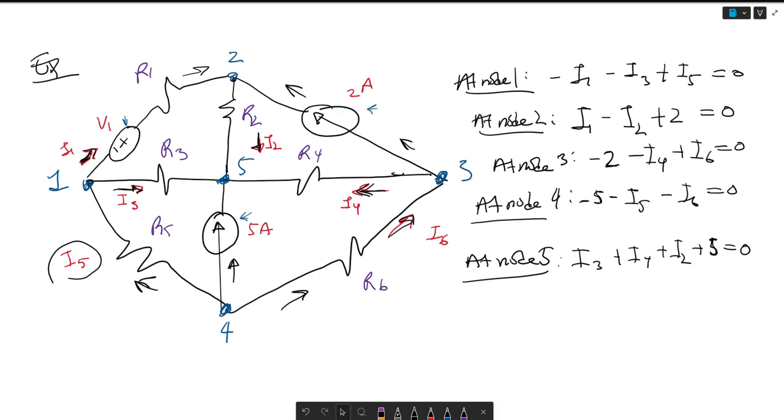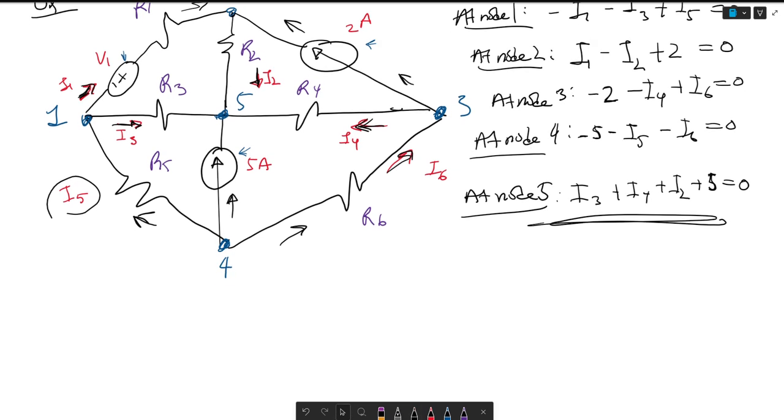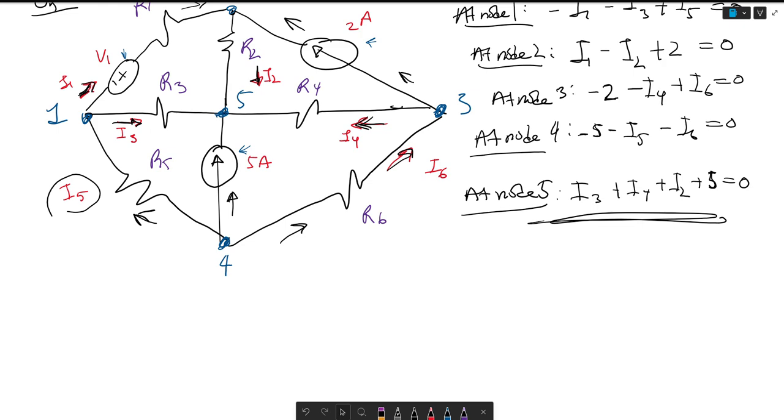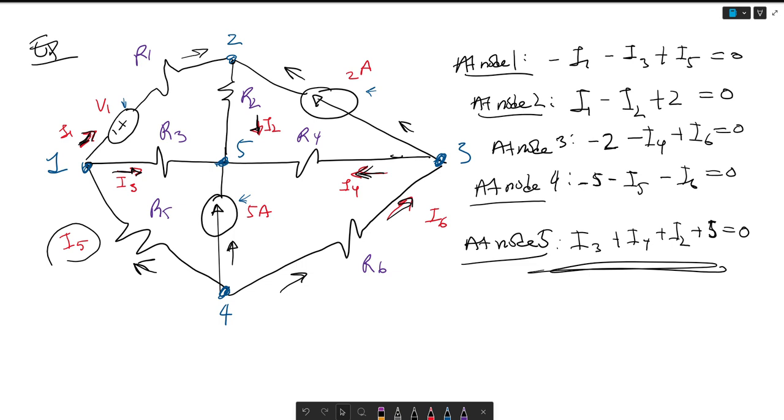As you can see, KCL, or the law of conservation of charge, is met by these equations. This is very, very important in dealing with nodes. We need to be able to recognize and label these currents when we're doing analysis using KCL.